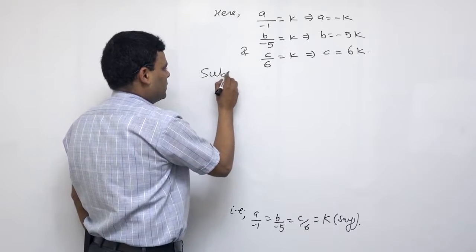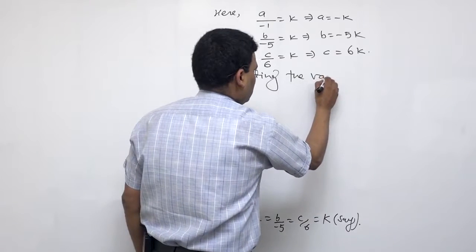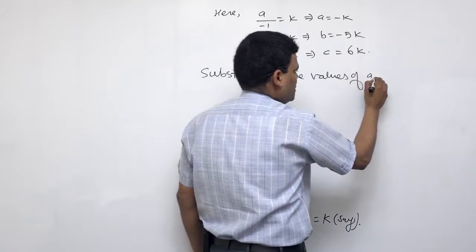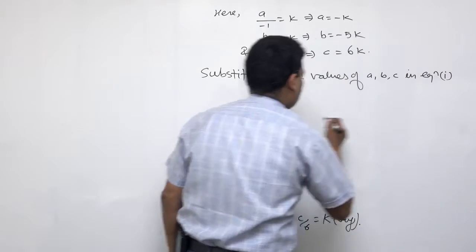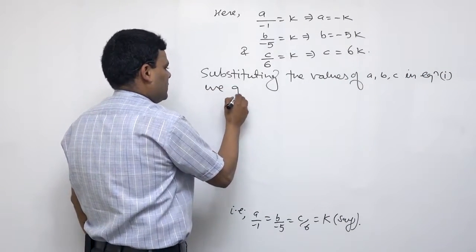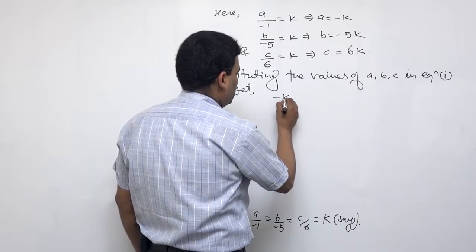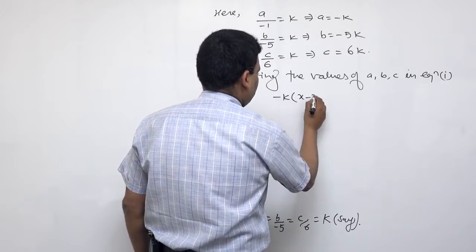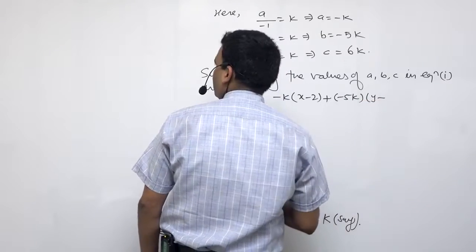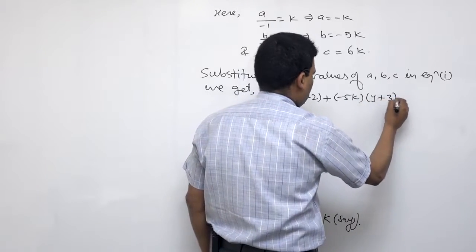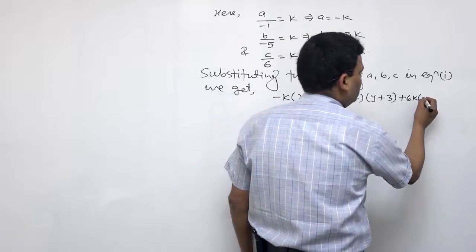Substituting the values of a, b, c in equation 1, we get minus k into x minus 2 plus minus 5k into y plus 3 plus 6k into z minus 1 equals to 0.